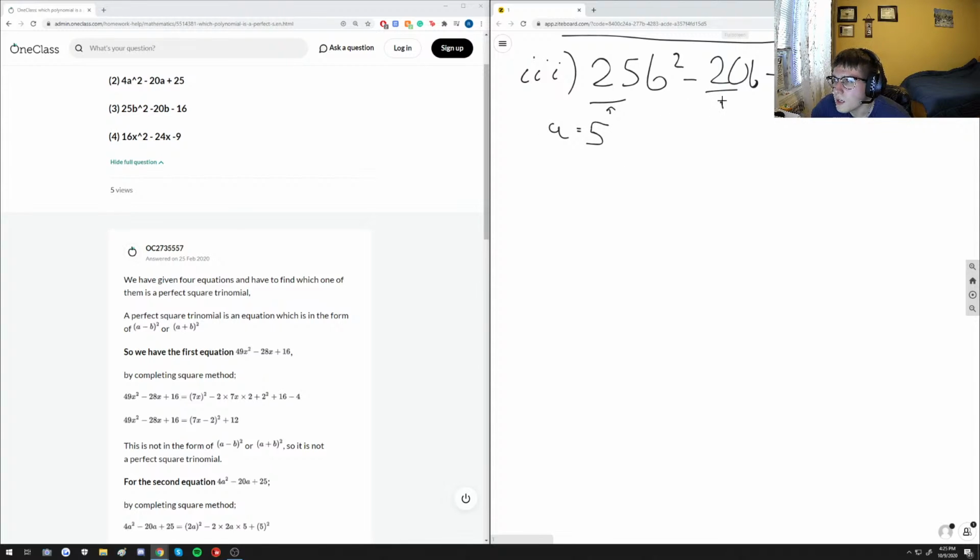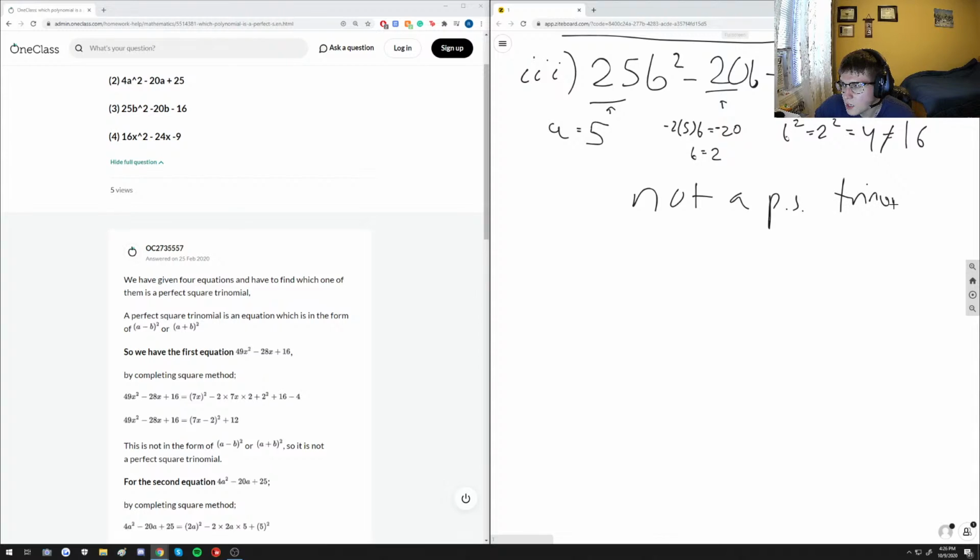And then right here, this would mean that minus 2 times 5b is equal to minus 20, so our b value would be 2. However, assuming that our b value is 2, we get b squared is equal to 2 squared equals 4, which is not 16. So this is not a perfect square trinomial.